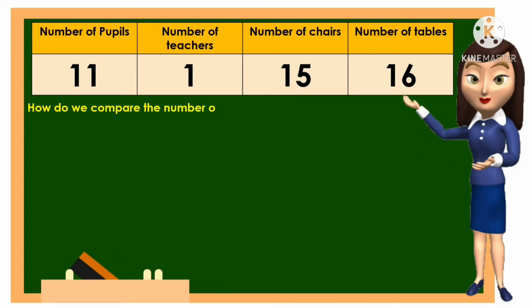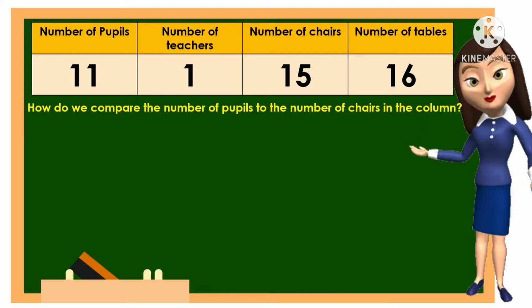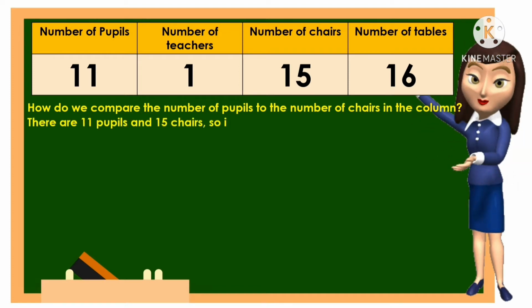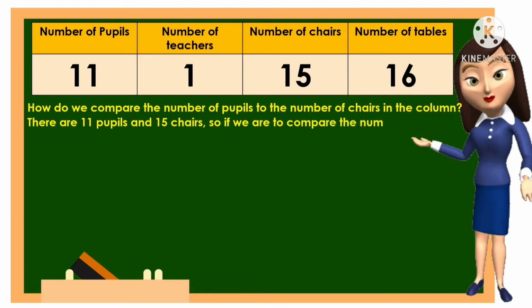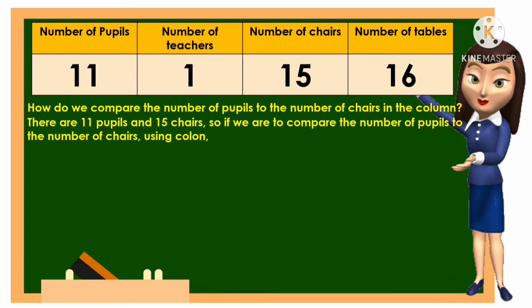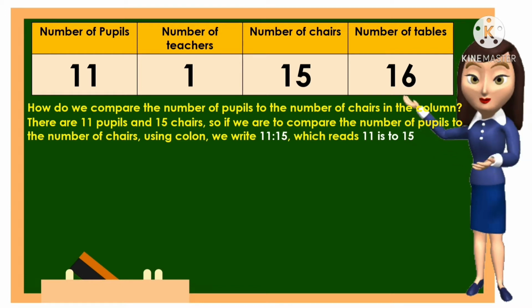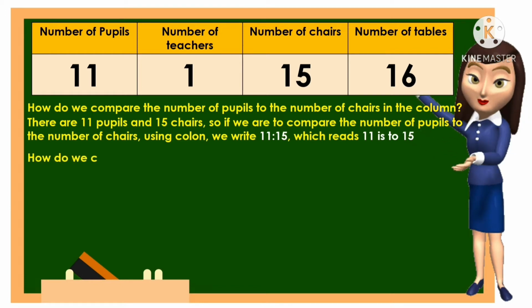How do we compare the number of pupils to the number of chairs in the column? There are 11 pupils and 15 chairs. So if we are to compare the number of pupils to the number of chairs using colon, we write 11 is to 15, which reads 11 is to 15.